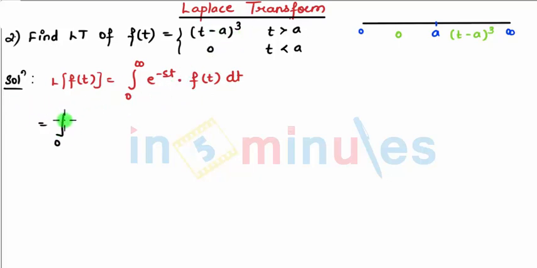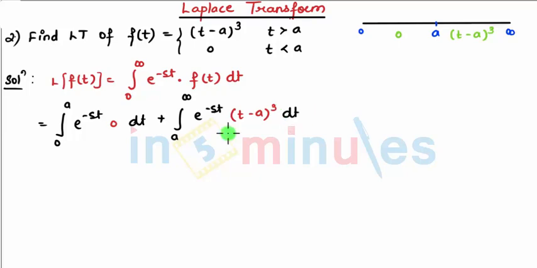Let's put the function here. For 0 to a, e raised to minus st, my function is 0, into dt, plus for a to infinity e raised to minus st, my function is t minus a the whole cube into dt. By solving this, the first term becomes 0 and the second term is solved with respect to u into v, where this is u and this is v.